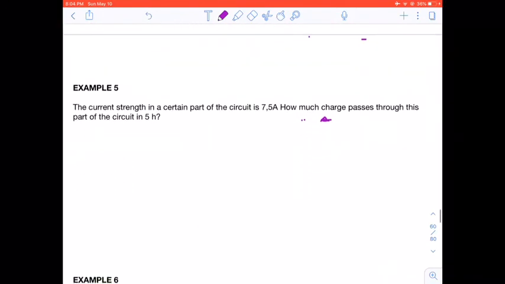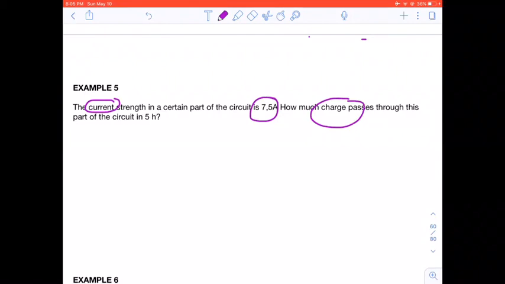Right. Okay, now we have the current strength in a certain part of the circuit as 7.5 amps. How much charge passes through the circuit in 5 hours?